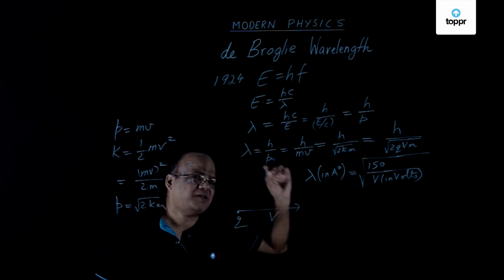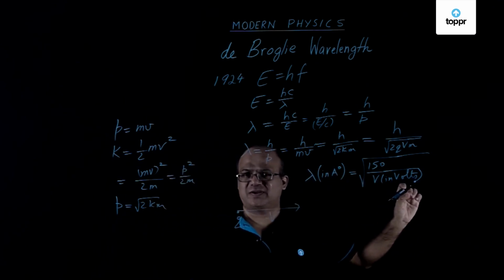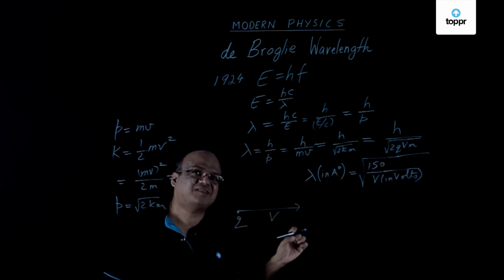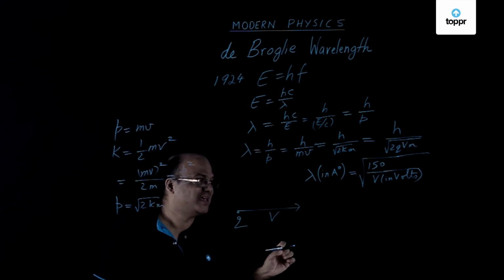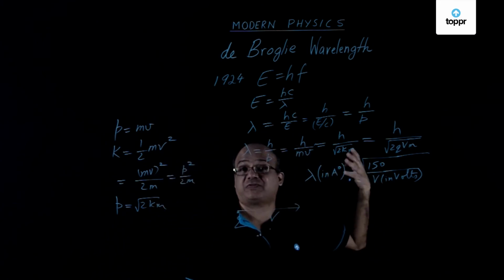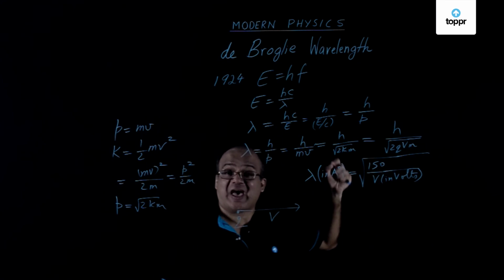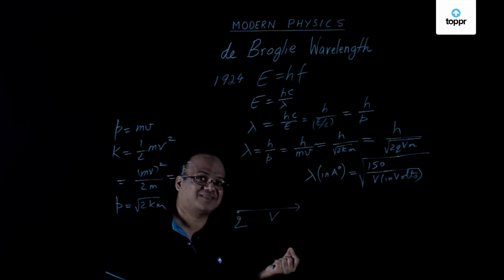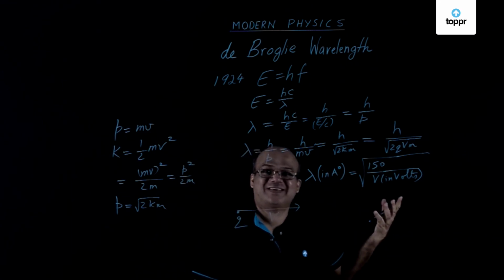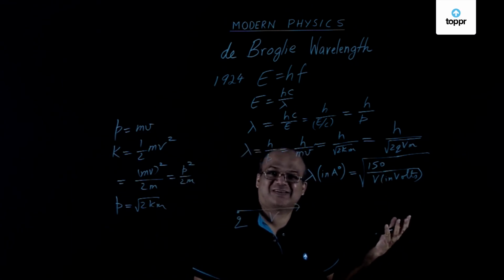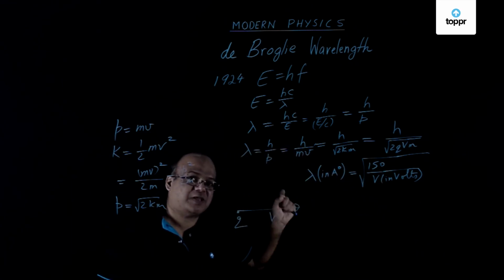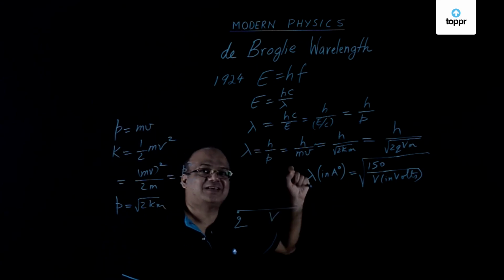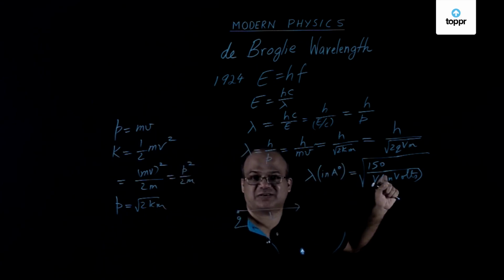Now experiments have been done with electrons that show that electrons have a wave nature. People have done interference experiments with electrons, with iodine molecules, which are quite big molecules, with fullerenes, those are known as buckyballs, carbon 60, carbon 70 molecules. And these experiments show that these particles have a wave nature.